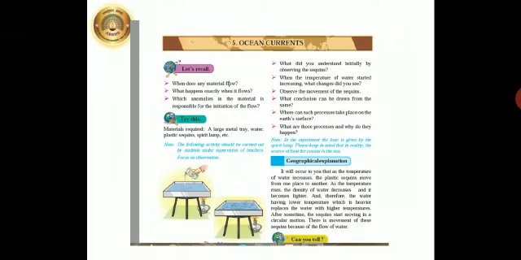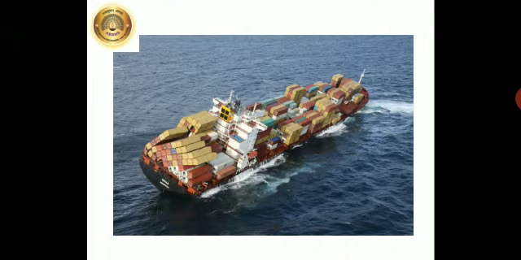Now let us see some history. In 1992, a strange incident occurred in the Pacific Ocean. A cargo ship, that is a ship loaded with goods, sailed towards America from Hong Kong.